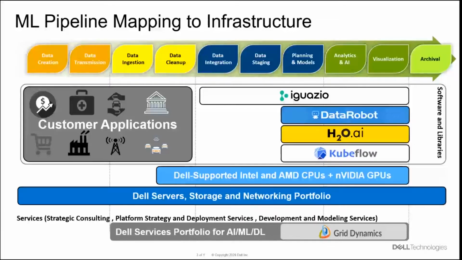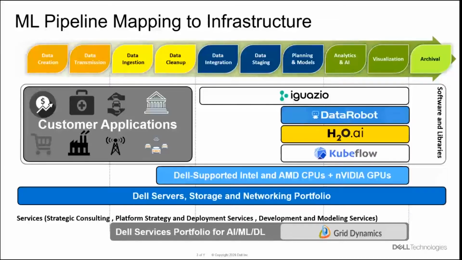We got extensive amount of storage portfolio with our EMC acquisition. We got software-defined storage. We got traditional SAN-based storage like PowerMax. In software-defined storage, we got object storage from EMC. We got file storage for Isilon. We got HCI portfolio, VxRail, and VxFlex, right?